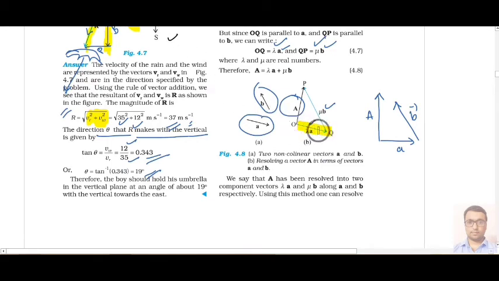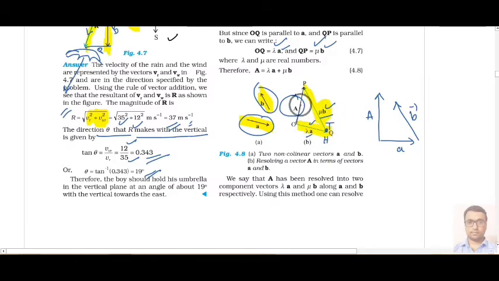Then this arrow represents your lambda a vector, and this was the original vector a. Again we have vector b, and that is multiplied by mu, and this is mu b. So by the law of triangle, we can say that the head of vector lambda a and the tail of vector mu b are joined together.